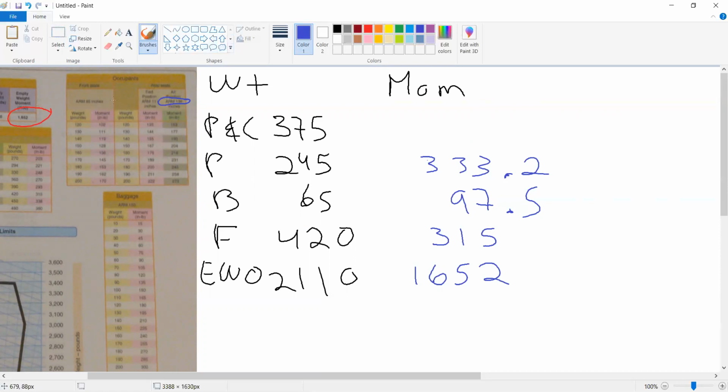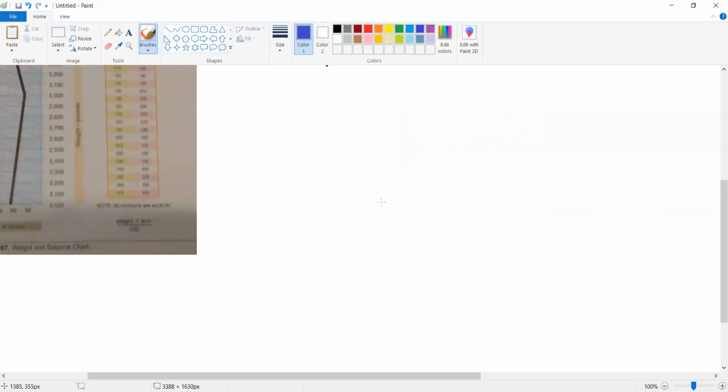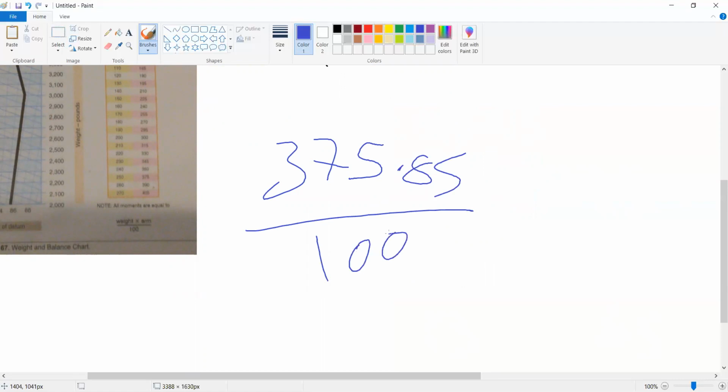Do they give us an arm for that? Yes, they do. The arm is 85 inches there. So same procedure here. We have 375 times 85 over 100, as indicated over there.